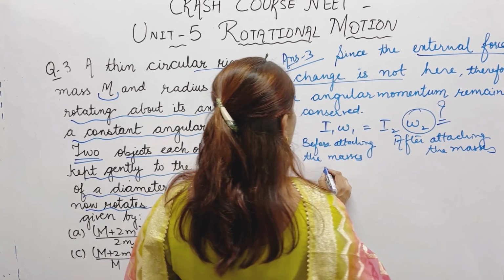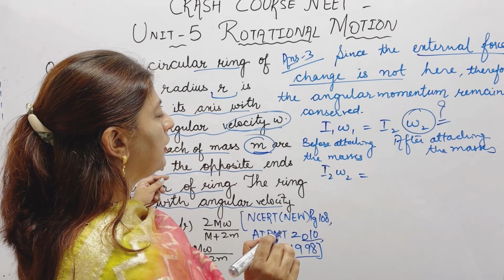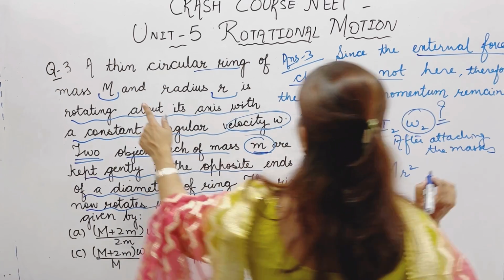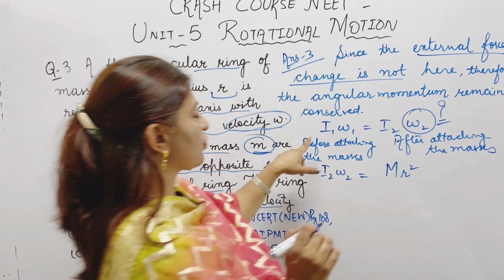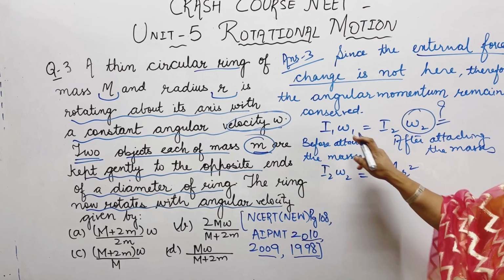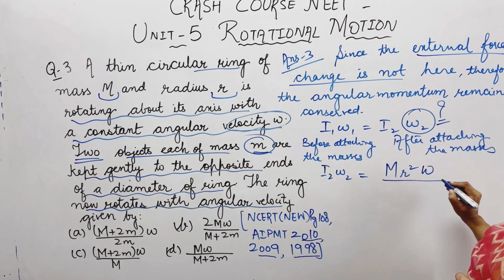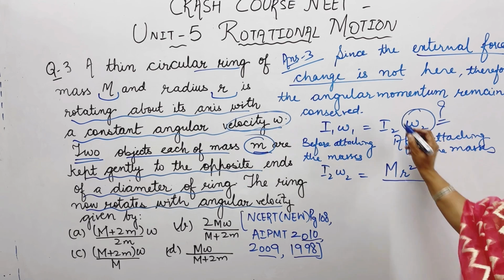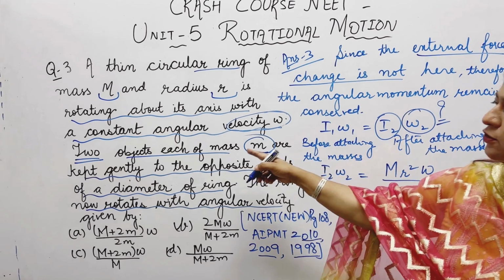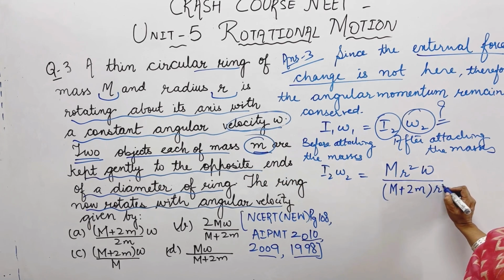So I1 omega 1 is equal to I2 omega 2. Now this I1 will be M r square, where M is the mass and r is the radius. So this moment of inertia will be given by M r square. And omega 1 will be taken as the velocity omega. Now the new moment of inertia after attachment, I2, will be M plus 2m, because two objects of each mass m have been attached, so it is (M plus 2m) r square.